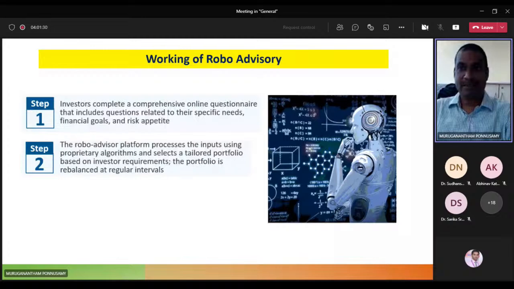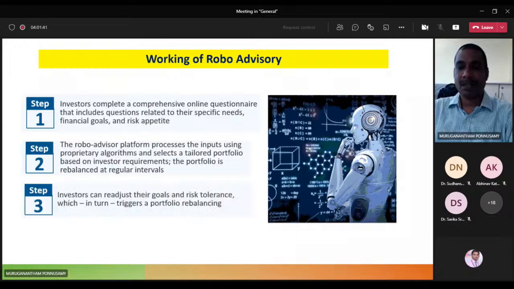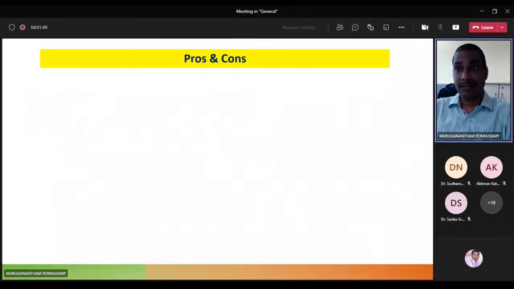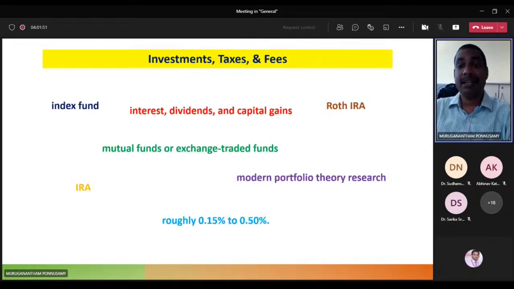If it does, definitely the things will go in a positive, happiness indexed, high way, right? Not only that, interest, dividend, capital gains, right? You might well know terms like IRA or Roth IRA, etc.